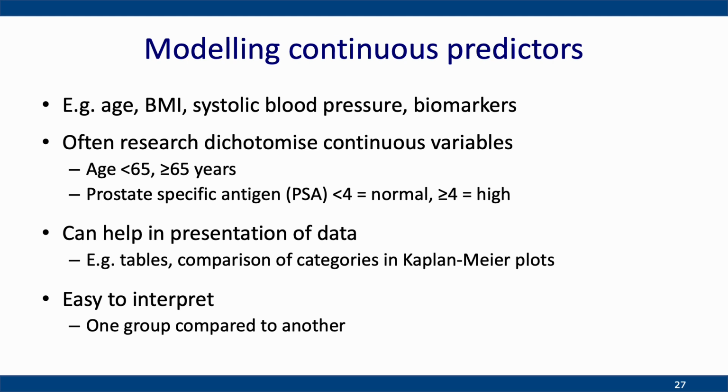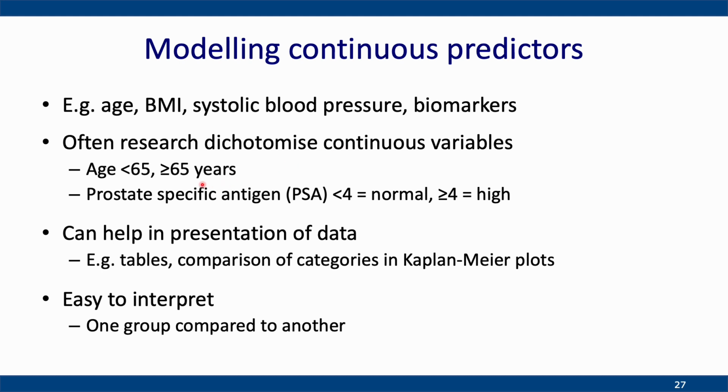Just going to go through some particular areas that I would recommend we all try and do better. First one is modelling continuous predictors. So I've already mentioned continuous predictors like age, BMI, systolic blood pressure, biomarkers. They are often categorised, and in particular dichotomised.